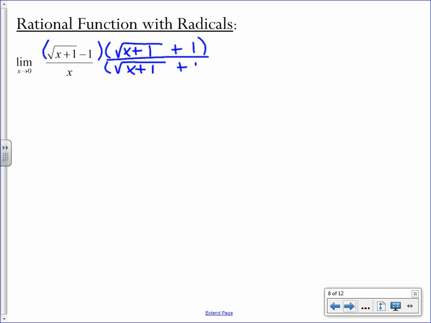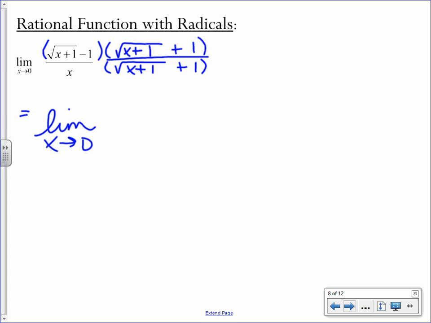Okay. What's the point? Well, let's see what happens. Remember, if we get factors to cancel, that means we have a hole at 0. So that's what we're hoping to have happen.